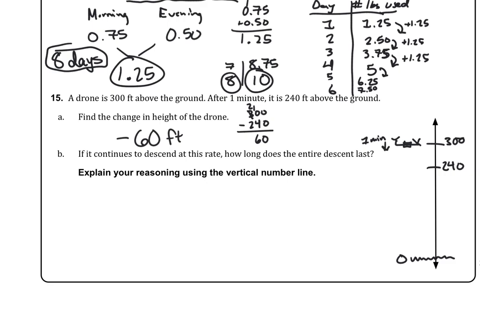Part B says, if it continues to descend at this rate, how long does the entire descent last? All right, so we know from here to here, it took 1 minute, and I went down 60. So that means after another minute, I'm going to go down another 60 feet. Well, 240 minus 60 is 180.